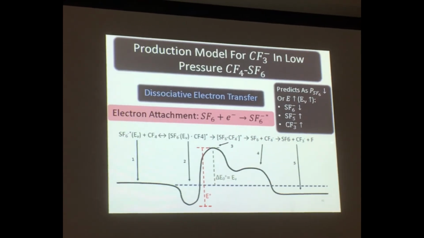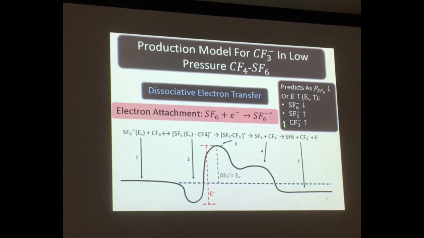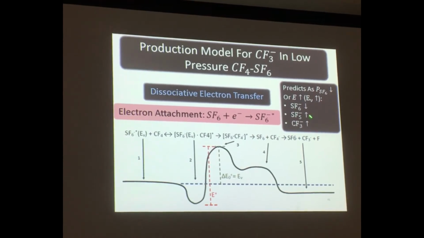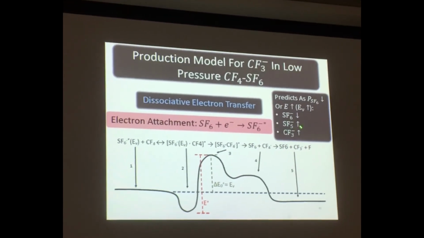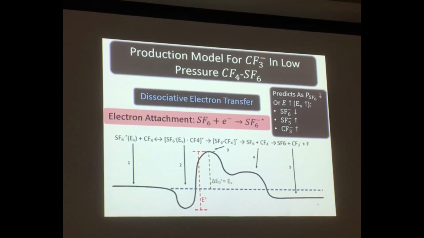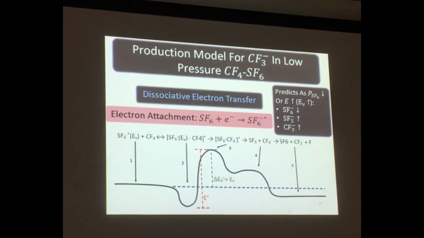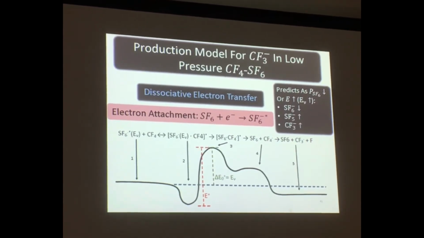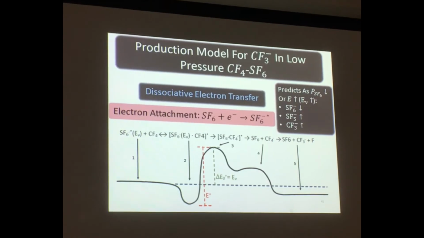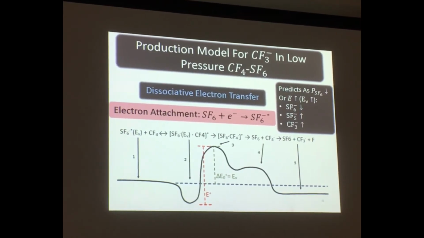So you'll produce more CF3 minus, and you'll also produce more SF5 minus, at the expense of SF6 minus. It makes this prediction, and I'll show how this is consistent with the measurements that I have.